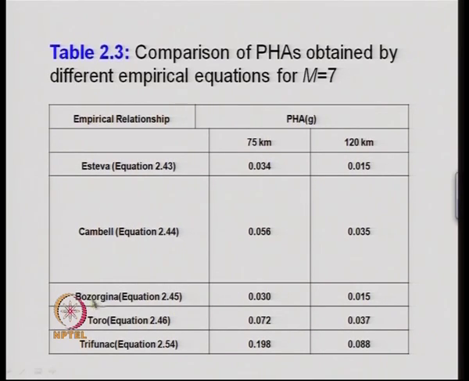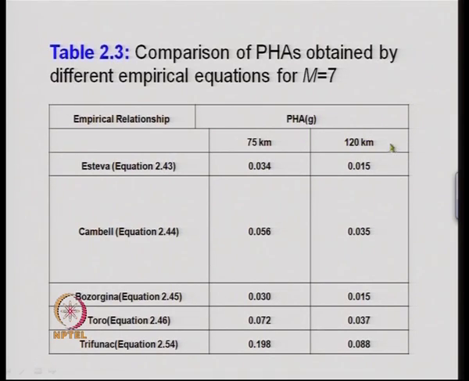Then Bojorgina, his equation provided 0.03, which is quite comparable with the 0.034. Then Toro is 0.072, and Trifunac, his equation gave a value which is a wide departure from all other values.